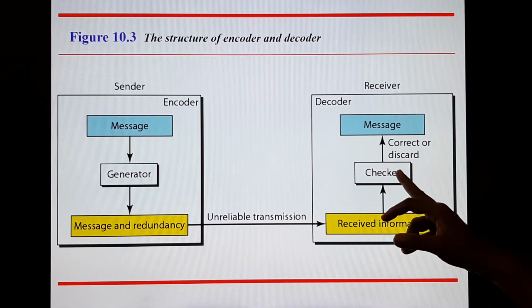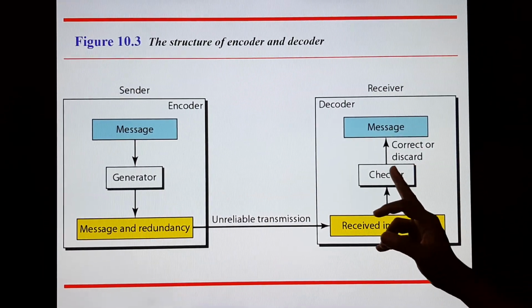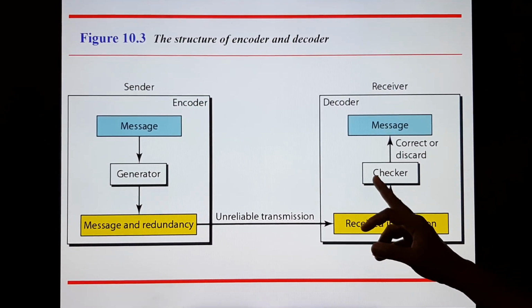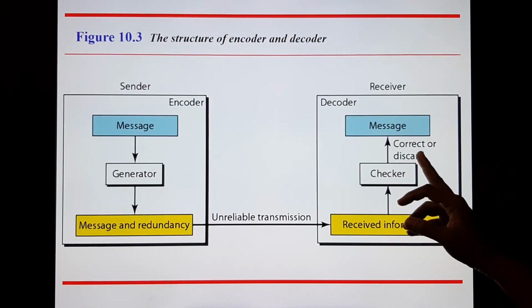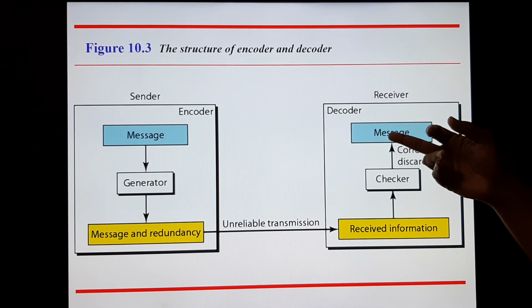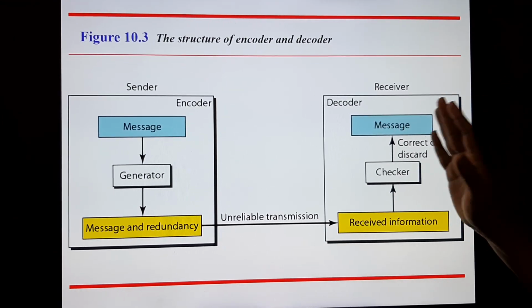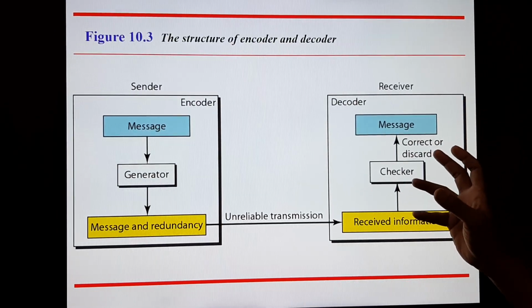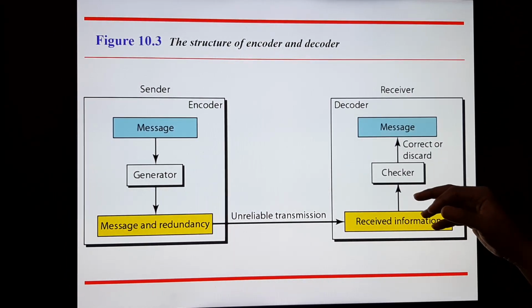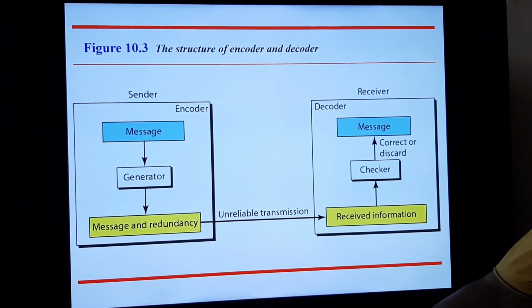So the checker checks the data and the redundancy bit. If the relationship is established and the redundancy is okay, then it sends the message to the upper layer. If there is some error, and the redundancy and the message are unmatched, then it will discard the message.